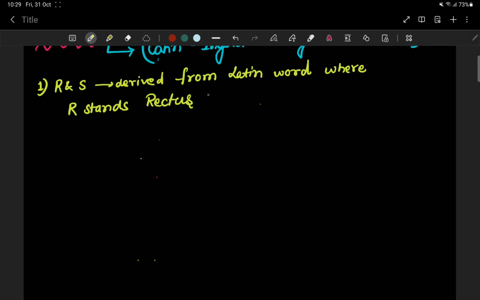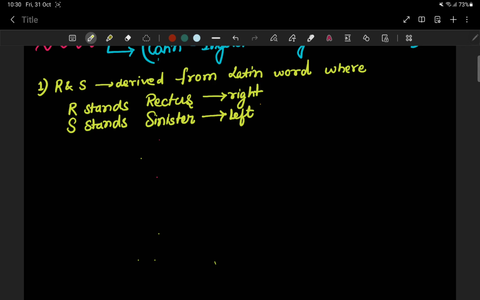Rectus means right. And S stands for sinister, that means left.